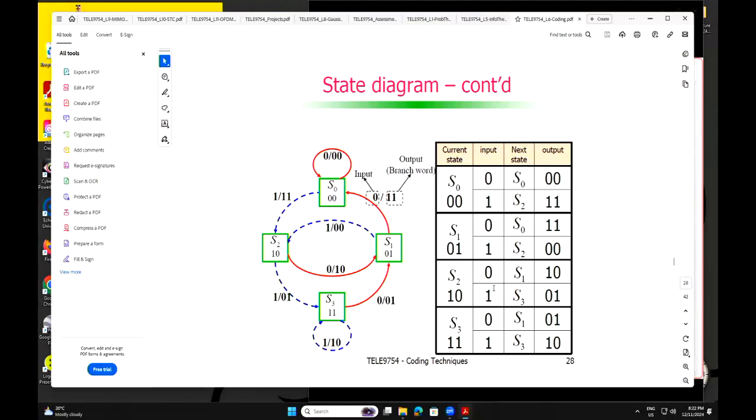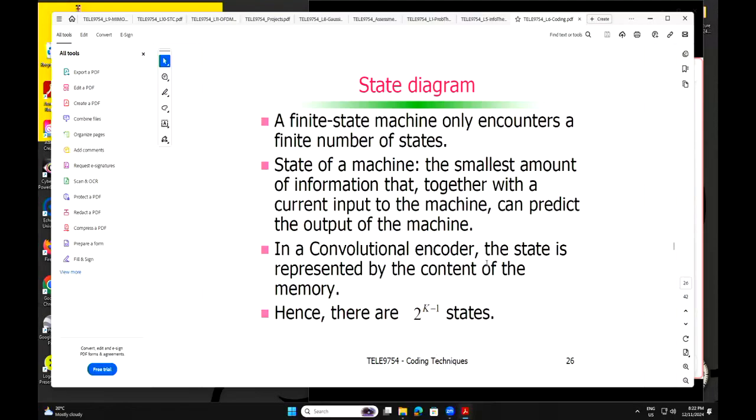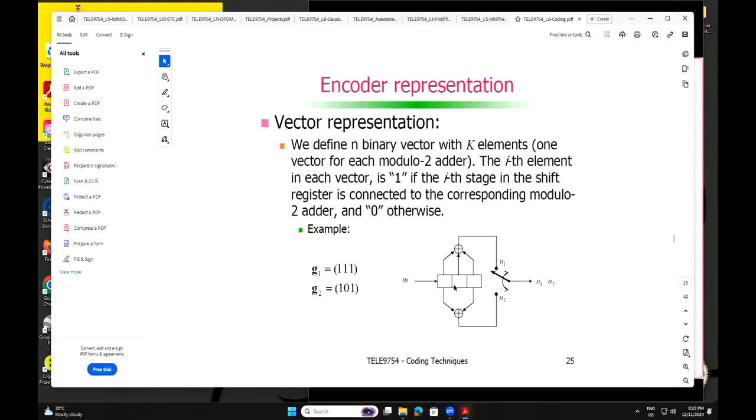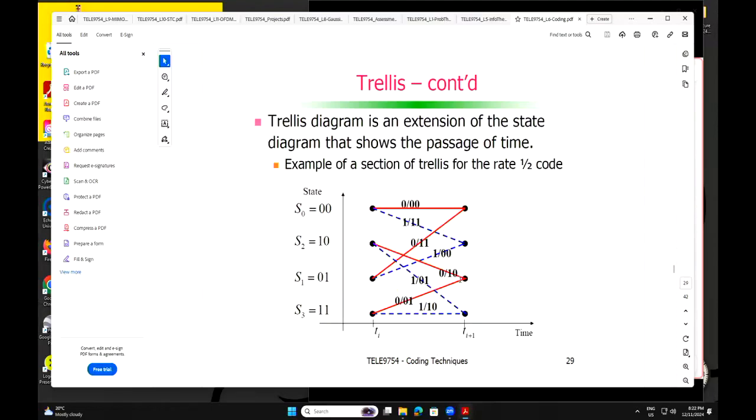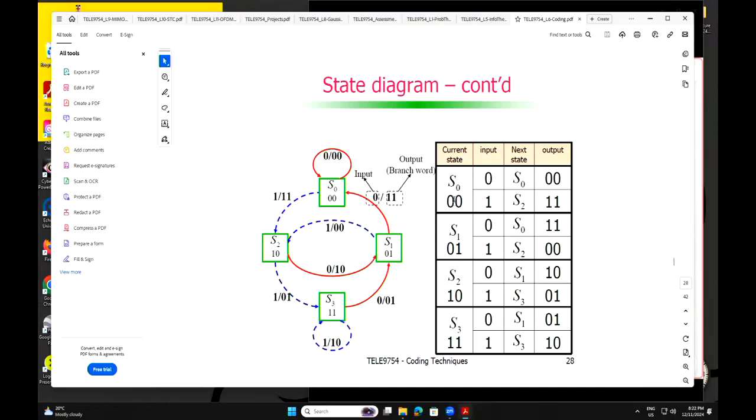But then, how can you construct this state transition table based on that knowledge? From here, you can see this state. You have two blocks, so that means 4 states together. For each state, you may have either 0 or 1 input.